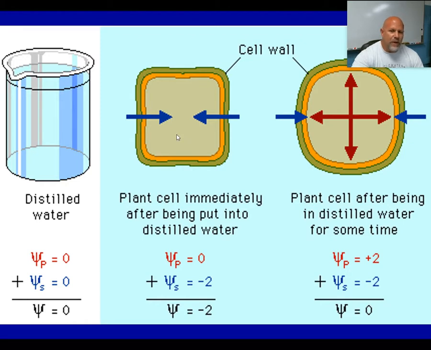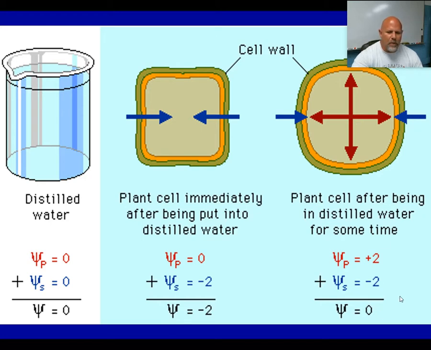But eventually what will happen is pressure is going to build up inside the cell, and it's going to start pushing back, okay, on the cell wall. When that happens, now the force pushing back and the force moving in are equal, okay?